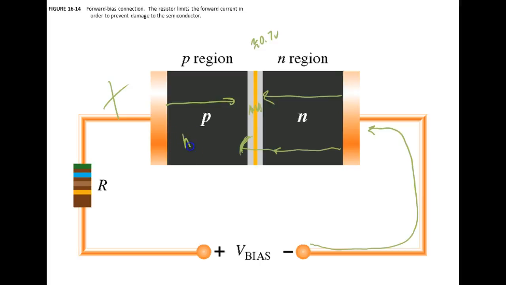So what do we have over here? We have primarily hole flow over here. Over here we have primarily what? Electron flow.